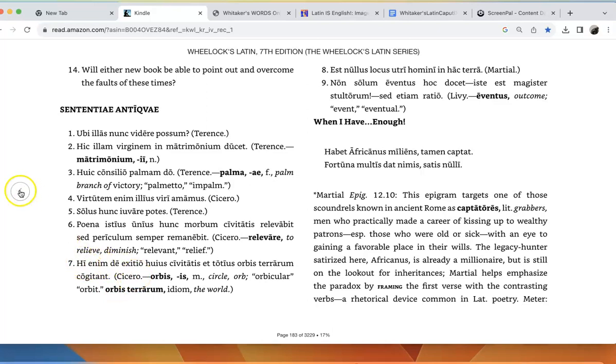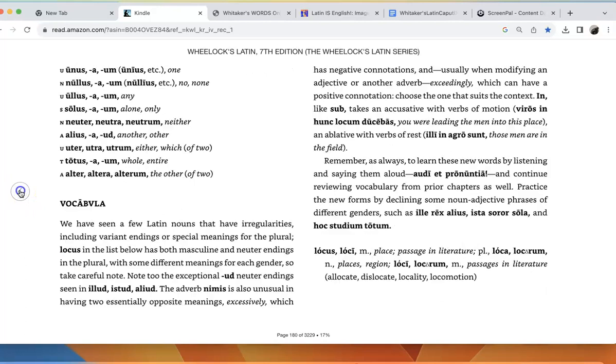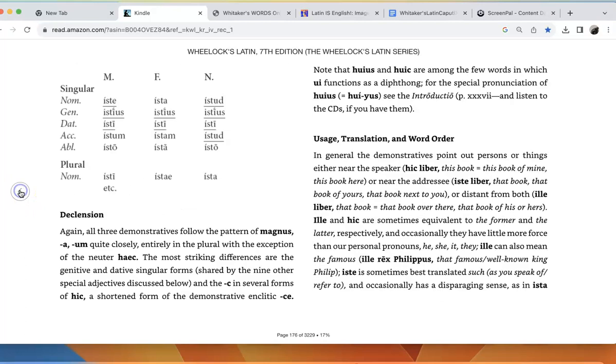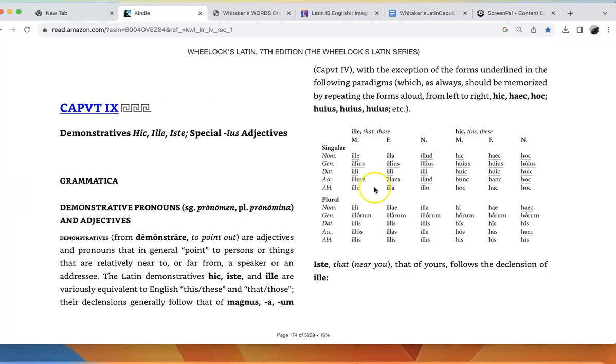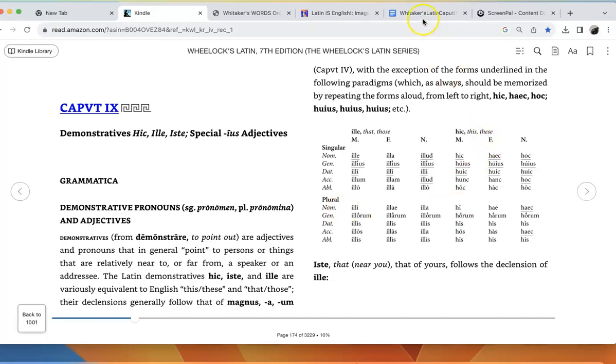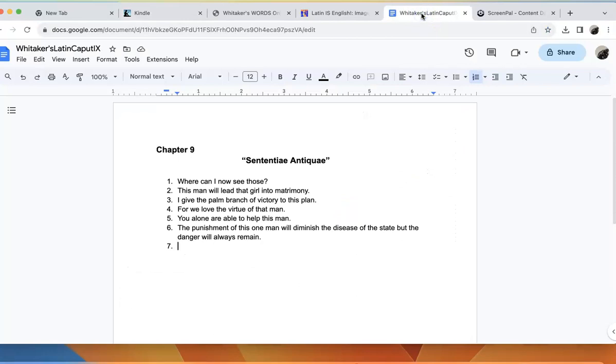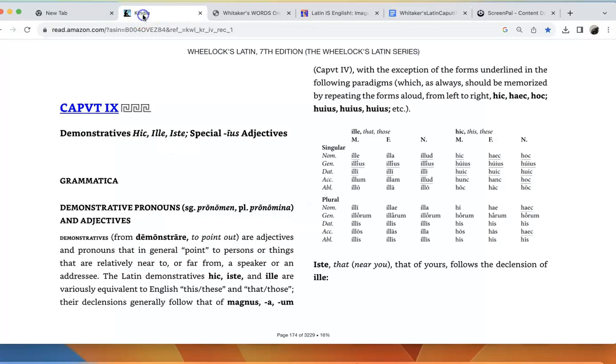Now the hi is going to be hic, haec, hoc. But then we look here, this is plural, so it means these. So hi, like think syllabus, syllabi, since it's plural, we say these. In fact, let's go ahead and write that down just to help us here. So that is the these.